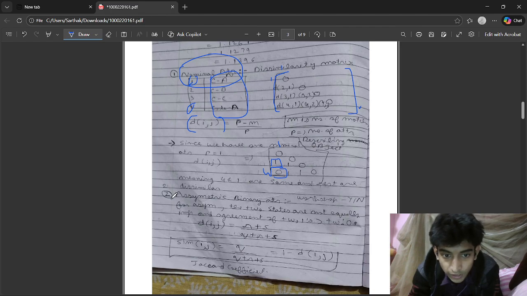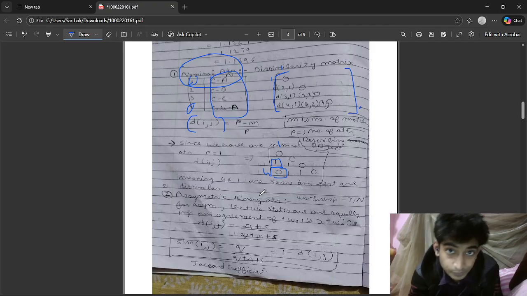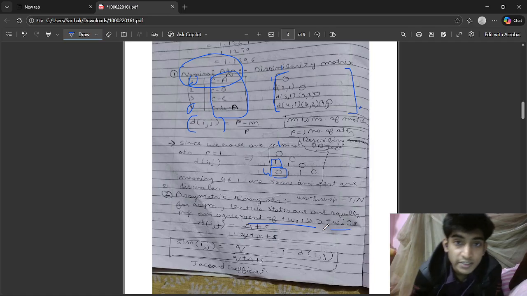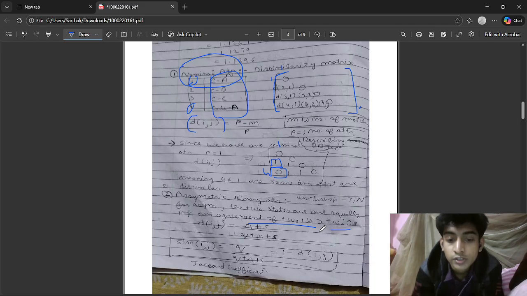Now let's discuss asymmetric binary attributes. Binary means there would be two outcomes. Asymmetric means the two states are not equally important, and we say that agreement on two ones is greater than on two zeros. Having two ones would create a greater impact than having two zeros.